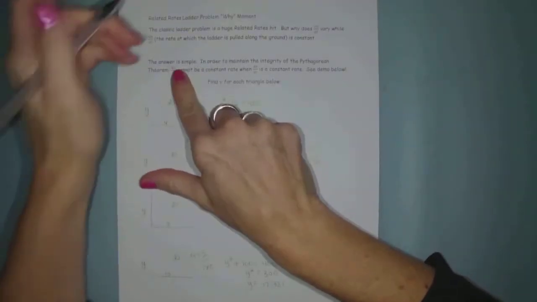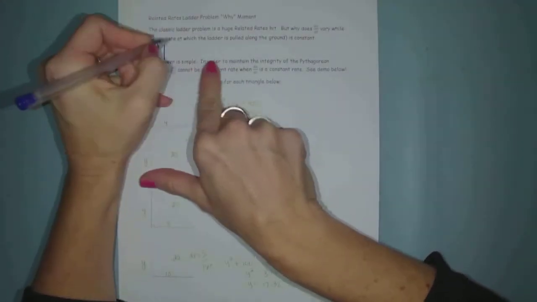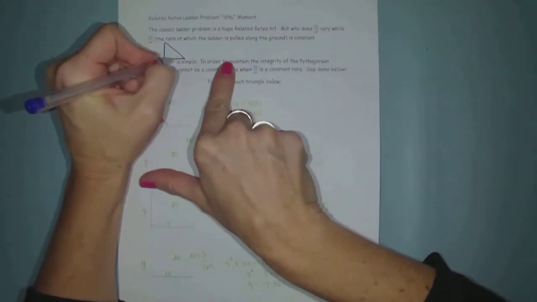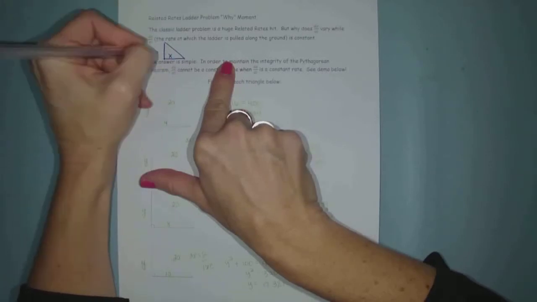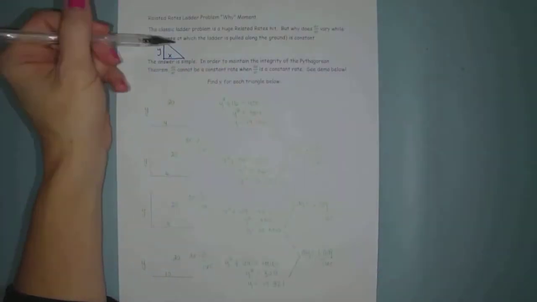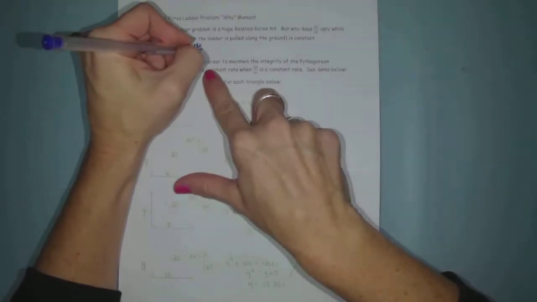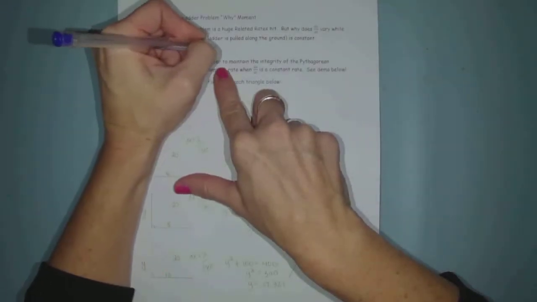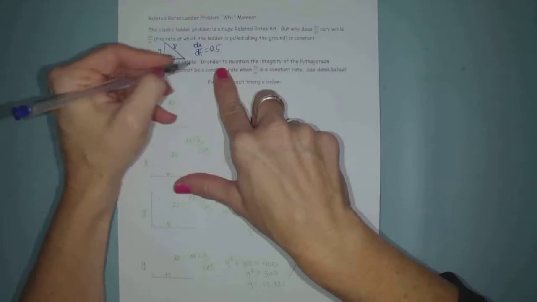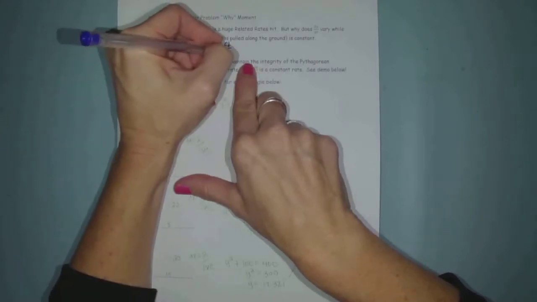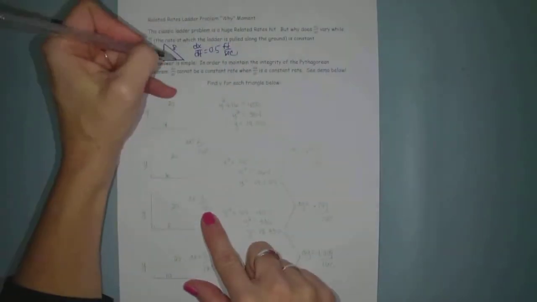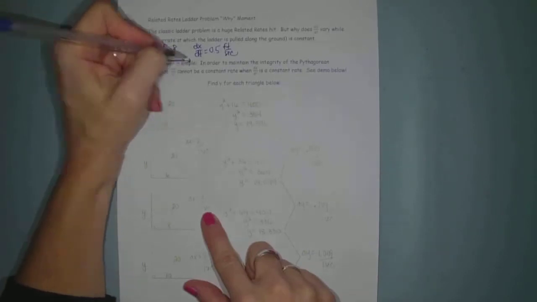We had done a ladder problem, drawn the classic ladder picture, and assigned this as X and this as Y. Using the example of the 8-foot ladder from the last example, this was 8. We were given that dx/dt, the base being pulled out, was at a constant rate. Whoever is pulling this ladder away from the wall was doing it at a constant rate.